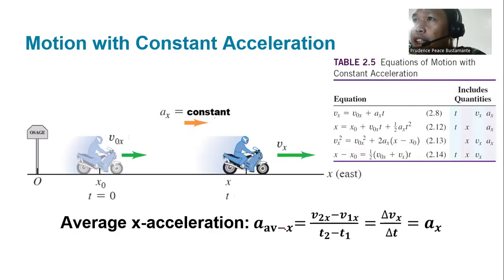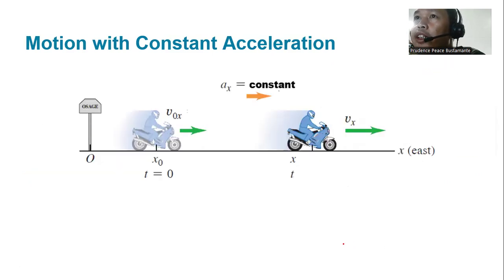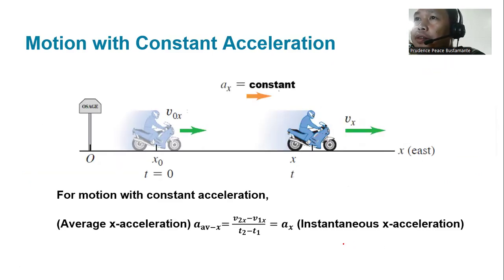Since our t1 is measured at 0 and our t2 is just t, our v1x is v sub o x, our initial velocity, and our v2x becomes v sub x.